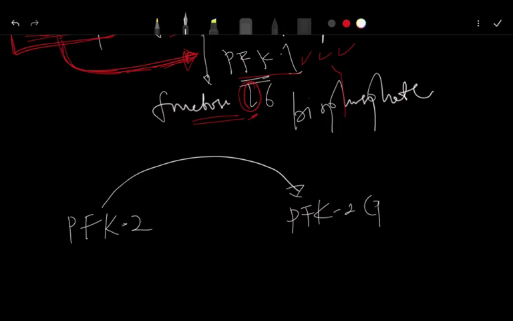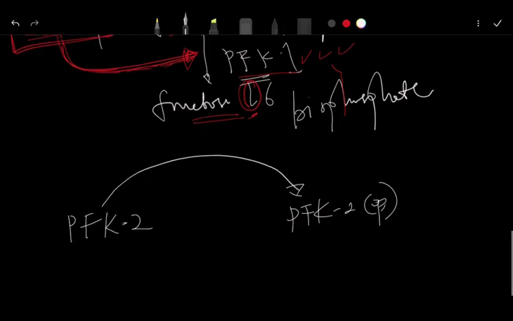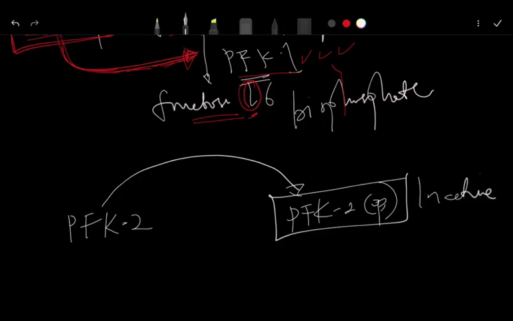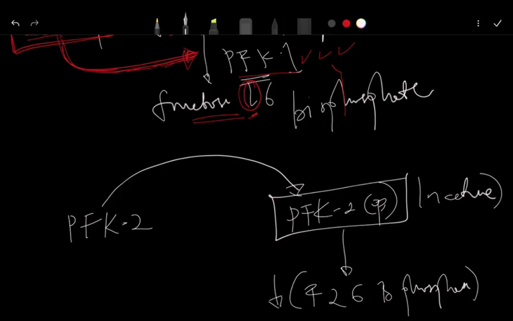For simplicity's sake, it will now form the phosphorylated form of PFK2. And this phosphorylated form of PFK2 is inactive, meaning the levels of fructose 2,6-bisphosphate that is going to form will be what? Will be low.